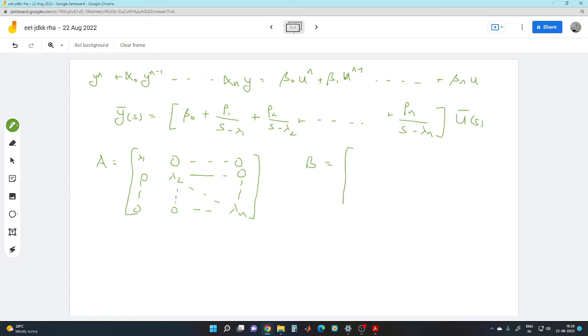B is expressed with each entry as 1. C is expressed as P1, P2 up to Pn, and D is as usual beta naught.